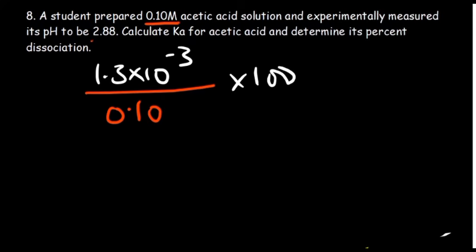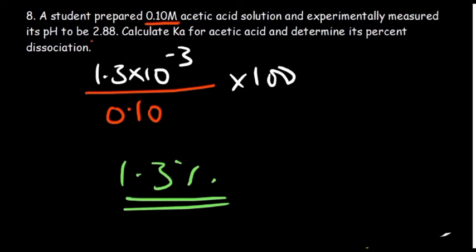So we have 1.3 by 10 to the power negative 3 divided by 0.1 multiplied by 100. So what we have is basically 1.3%. Relatively low. And that's what you have as the percentage dissociation in that case.